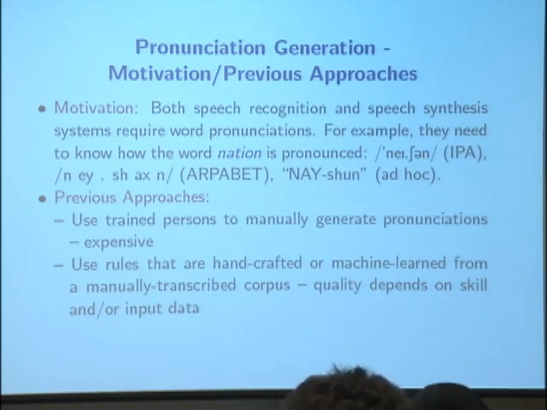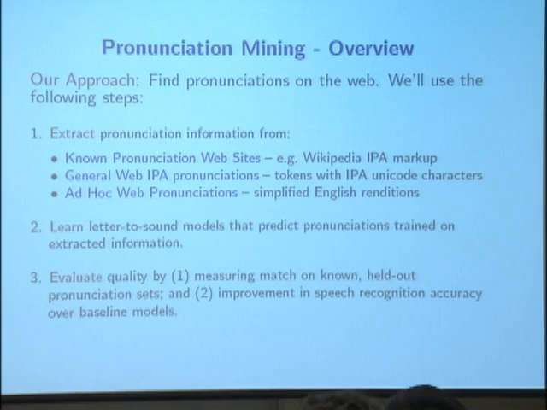Well, it turns out that these days a lot of the work is being done for us, in a sense, namely that there are millions of people out there who are providing pronunciations in various formats on the web. These range from really good to really iffy. Furthermore, they also range in terms of ease of extraction.